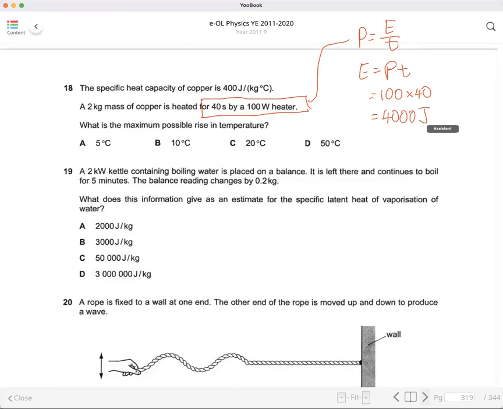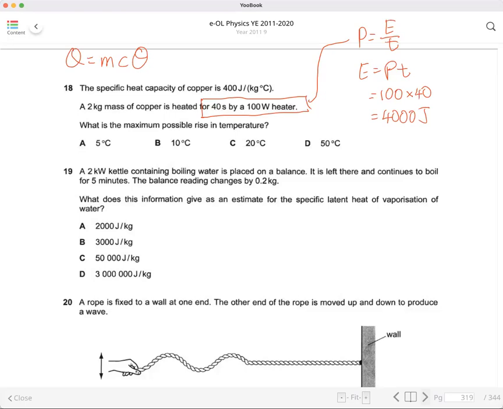You're providing 4,000 joules of energy to the copper. Okay, Chelsea, you got it correct. Do you know why? Ryan, well done. Pei Kwan, try again. Okay, then if you want to memorize by formula, the formula is Q equals mc theta.